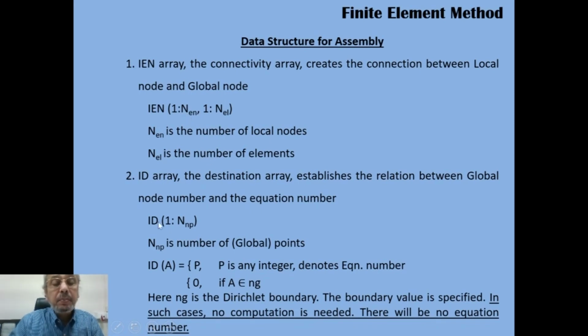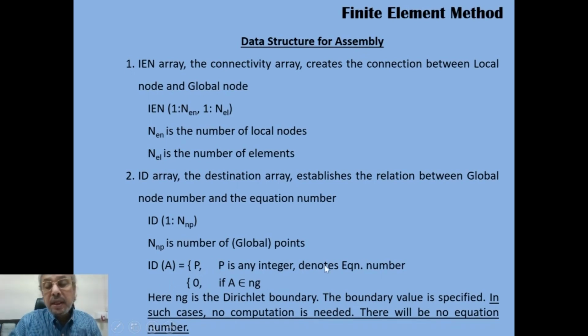And the second is an array which will be identified by the global points. That means it will assign some value to the global points. This will assign either value p or 0.